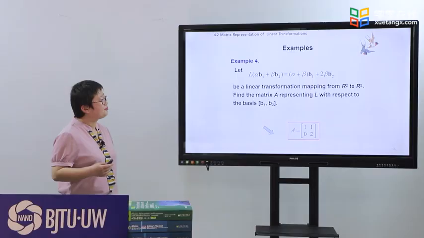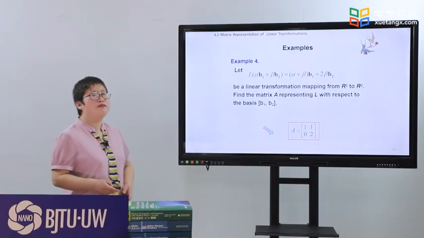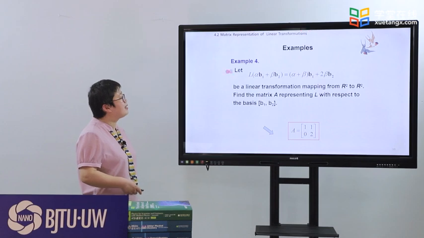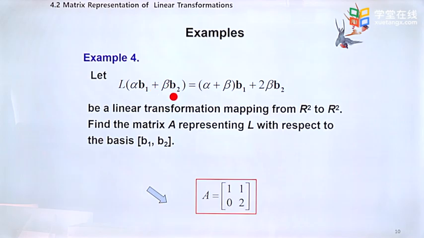Okay. And now we see this example. Let L, a function on alpha b1 plus beta b2, equal the scalar alpha plus beta times b1 plus 2 times beta times b2. Let this be a linear transformation mapping from R2 to itself, also R2 to R2. Find the matrix A representing L with respect to the basis B1, B2.